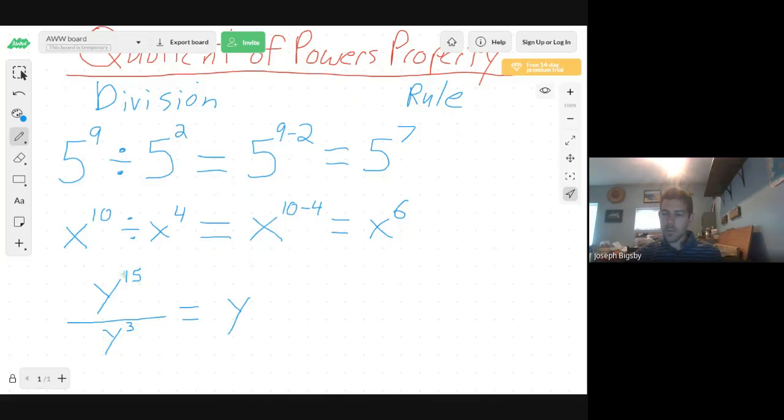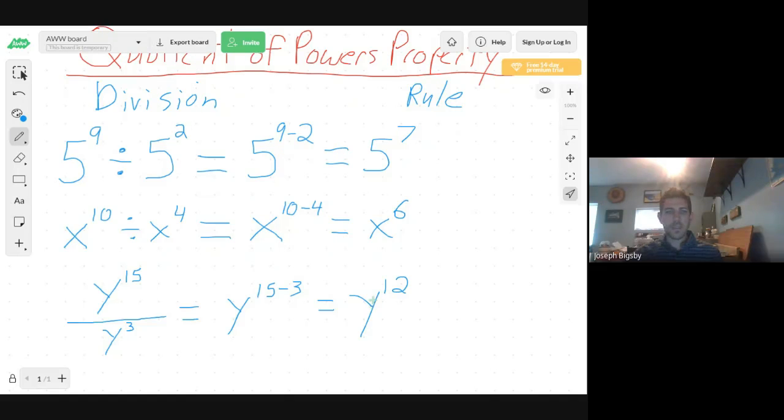We'll start with our top exponent of 15, and subtract the lower exponent of 3. 15 minus 3 gives us a final answer of y to the 12th power. So again, division or quotient of powers property, we subtract the exponents.